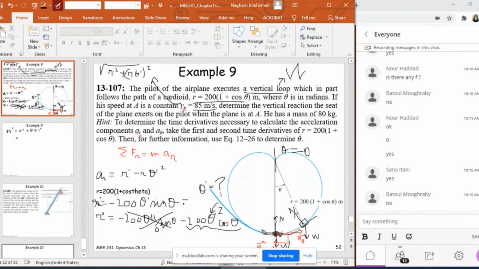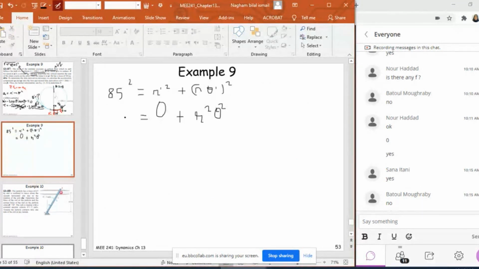So it is 0 plus R theta dot squared, which means, guys, that 85, now I'm going to remove the square again, is equal to R theta dot.